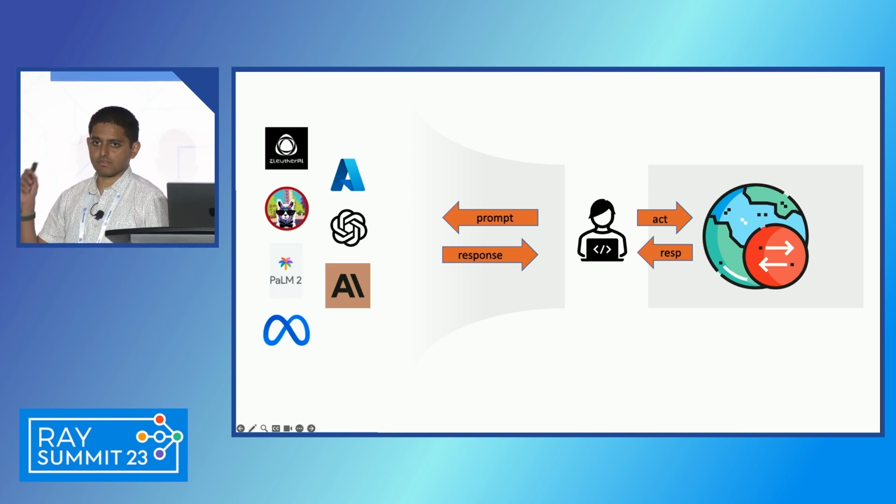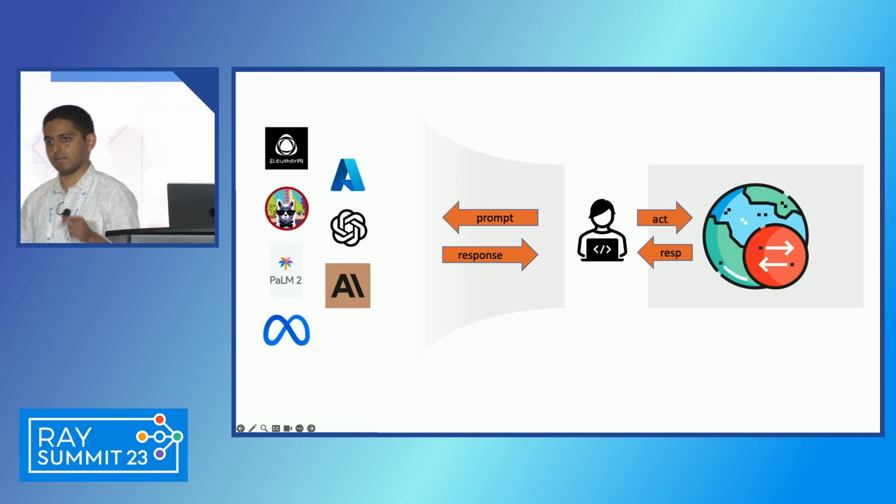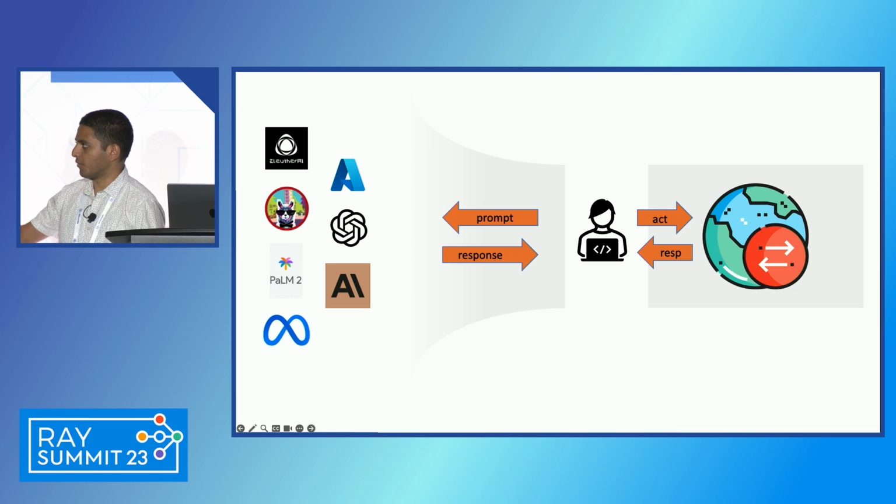I've shown this as zero-shot interactions, as in one back and forth, but you might have multiple back and forth. But fundamentally, the burden lies on you to interact with the LLM, get the response, perform some activity, and then get the response back, and then basically relay information to and fro for the LLM, right? So this is how you tend to use the LLM today, and there's one too many LLMs to choose from.